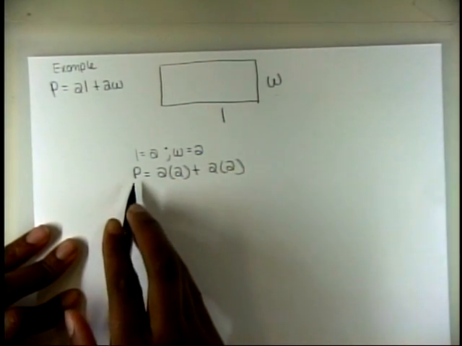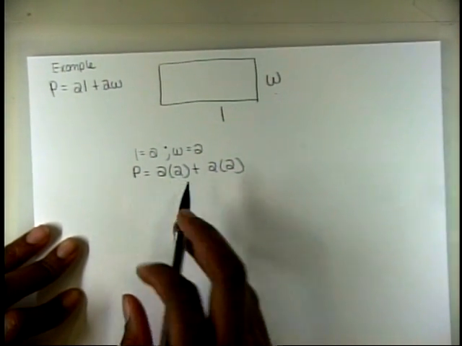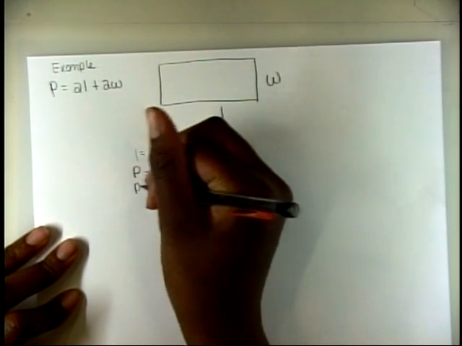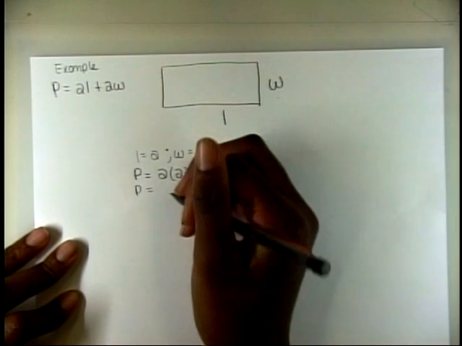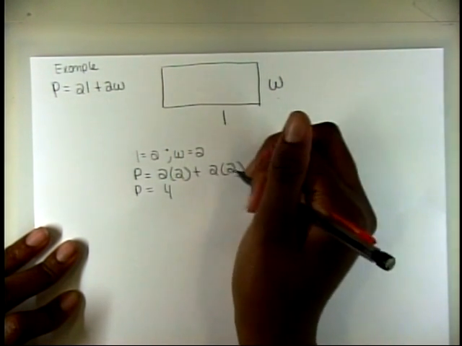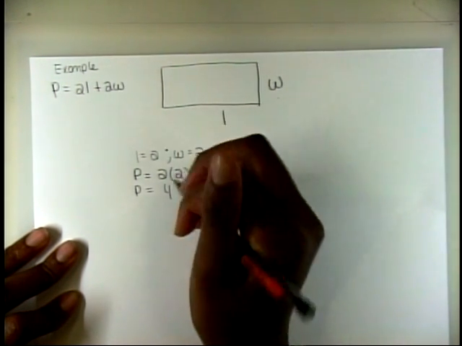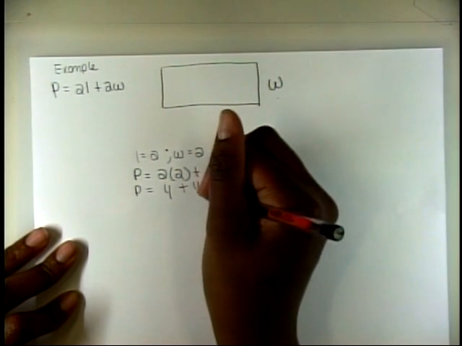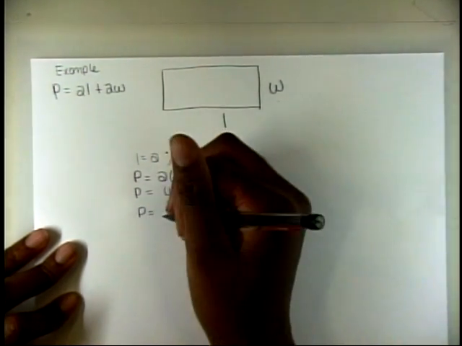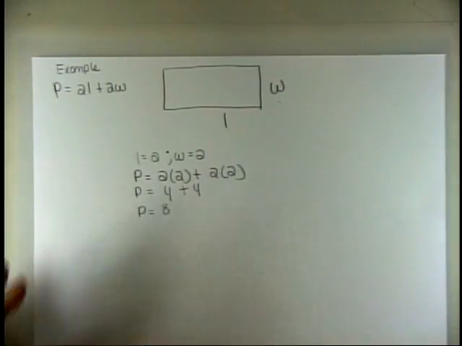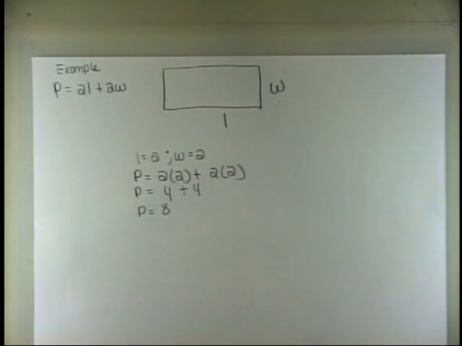We're trying to find the perimeter of the rectangle. So we will solve and say P equals 2 times 2 is 4, 2 times 2 is 4, so 4 plus 4 is 8. The perimeter of this rectangle is 8.